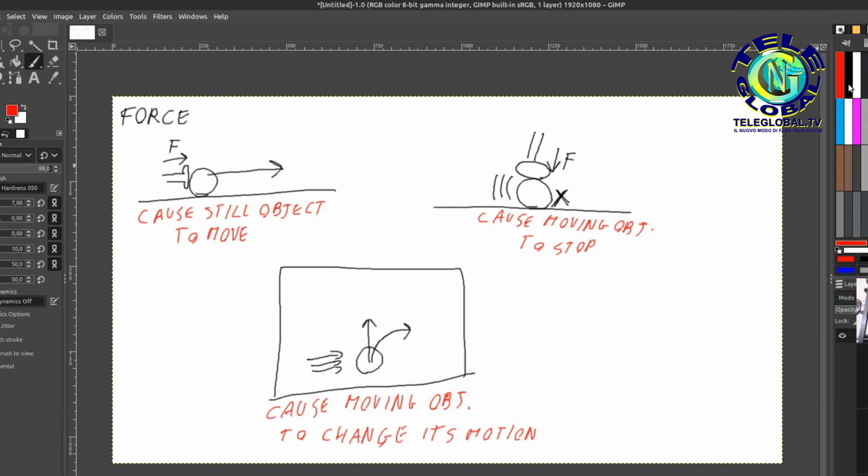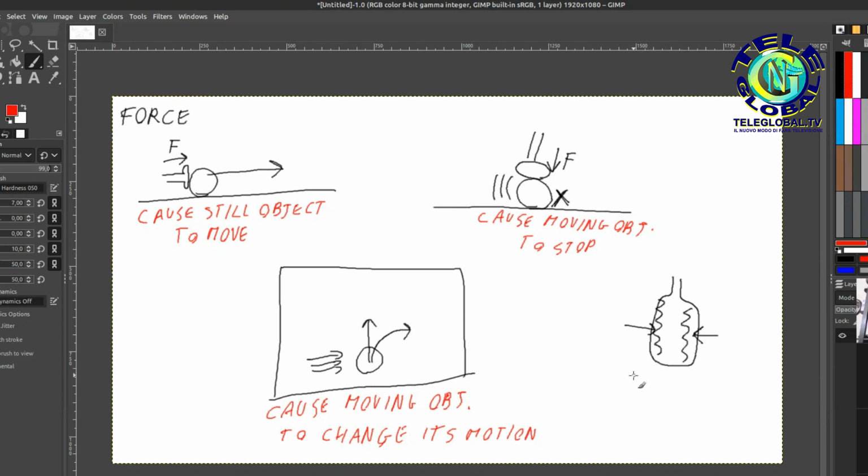Okay, also there is another type of effect that you can have, and that is if you have some kind of object like a plastic bottle, you can use a force to apply a deformation to it, like when you crush it with your hand.